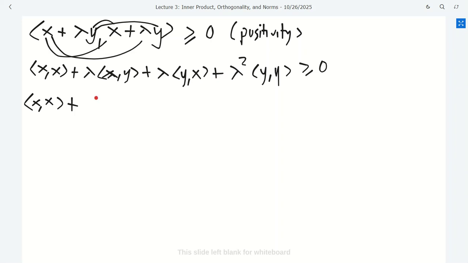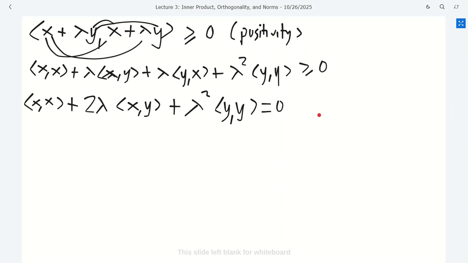So these two are the same, so it's going to give me 2 lambda times the inner product here. Then plus we have lambda squared times y inner product with itself, which is greater than or equal to 0. We have this.